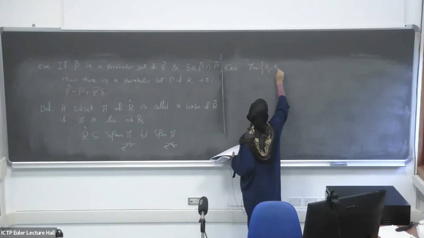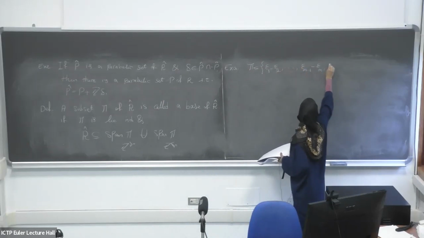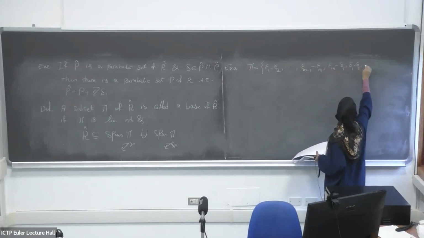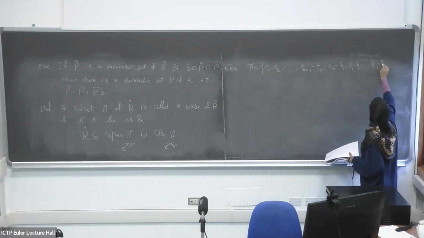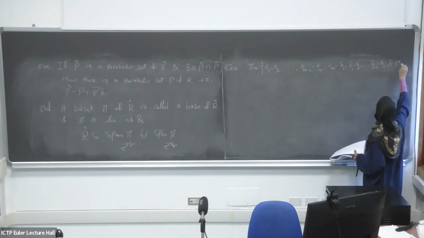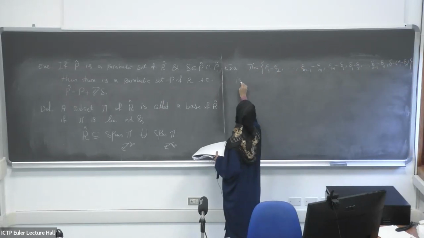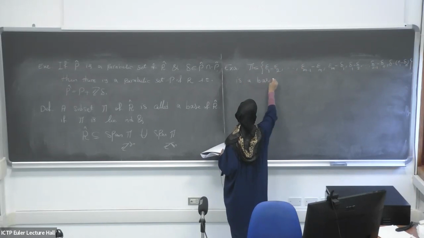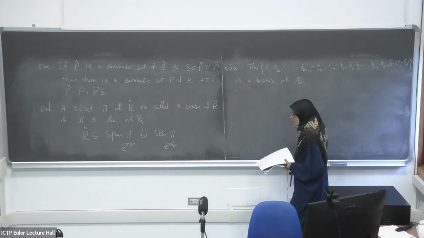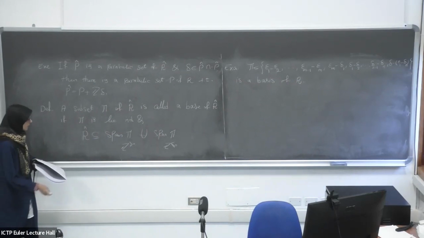Epsilon 1 minus epsilon 2 up to epsilon m minus 1 minus epsilon m, epsilon m minus delta 1, minus delta 2 up to delta n minus 1 minus delta n, and delta minus epsilon 1 minus delta n is a basis of R. So these are all positive linear combinations here.